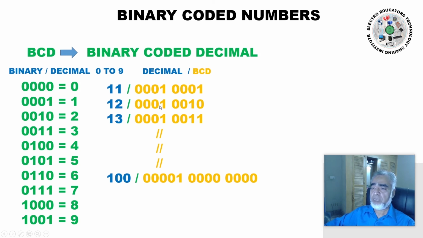For 12 we write 1 and 2, using the equivalent binary of 2. For 13 we write 1 and 0011, which is the BCD of 13, and to write 100 in BCD we write 1, 0, 0. This is what we call the BCD number system, the binary coded decimal number system.